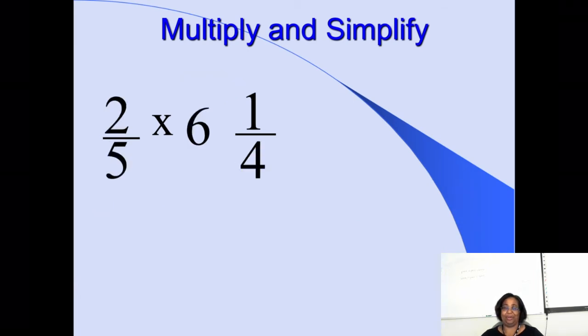All right, I got one more here. That's multiplying. Then we'll do division. Tell me what you get. Okay? What was your improper fraction here? I got 25 over 4.